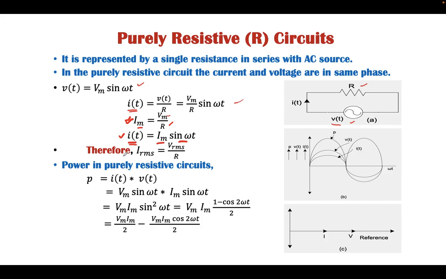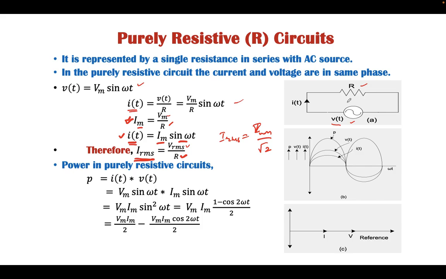Now considering the RMS value, knowing the maximum value, the RMS value IRMS will be equal to Im upon root 2. Knowing the RMS value of voltage, Vrms, and dividing by R, IRMS can also be calculated.